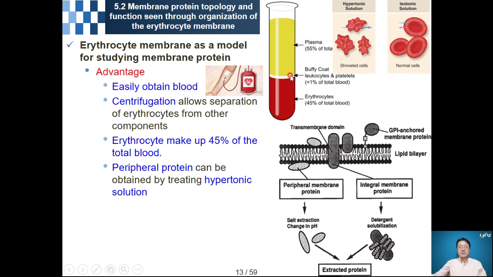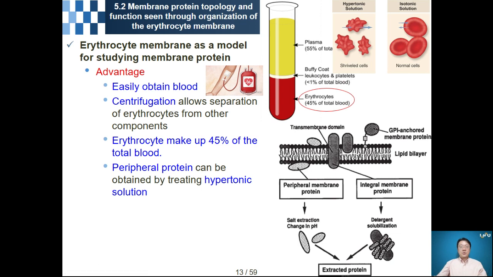The erythrocyte makes up about 45% of the total blood, so we can easily obtain the erythrocytes just by centrifugation.